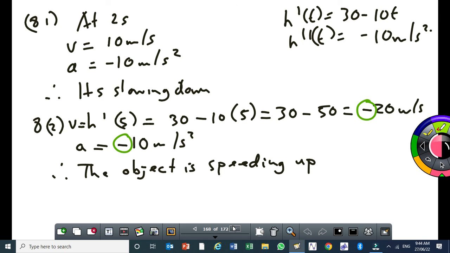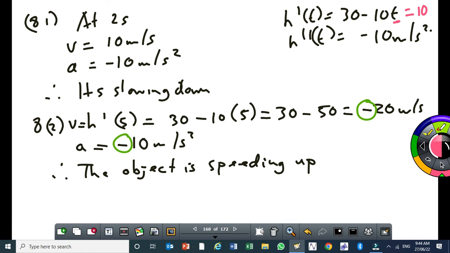The first derivative, if you put t equal to 2 here, you will get 30 minus 20, which is equal to 10 meters per second. Then if you find the derivative of the first derivative, you get acceleration. We already got these values previously. So you get minus 10 meters per second squared.